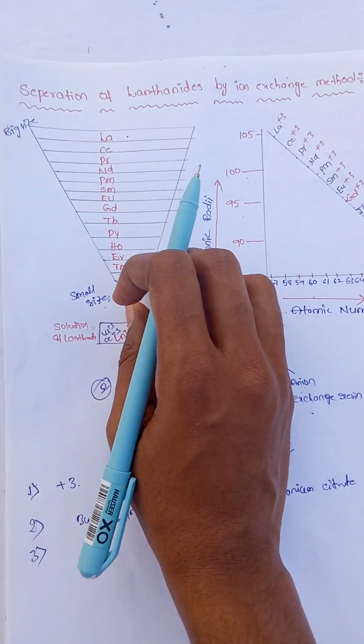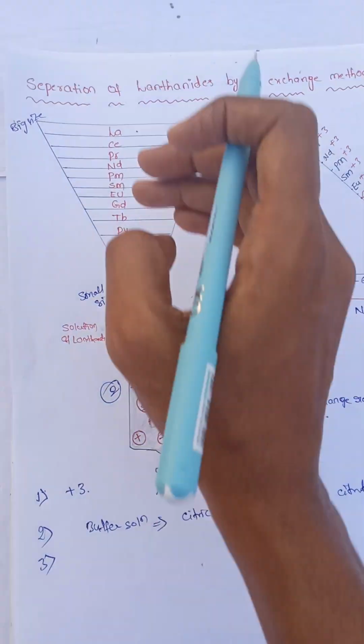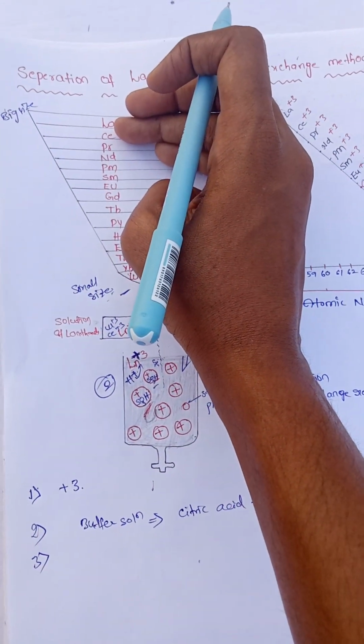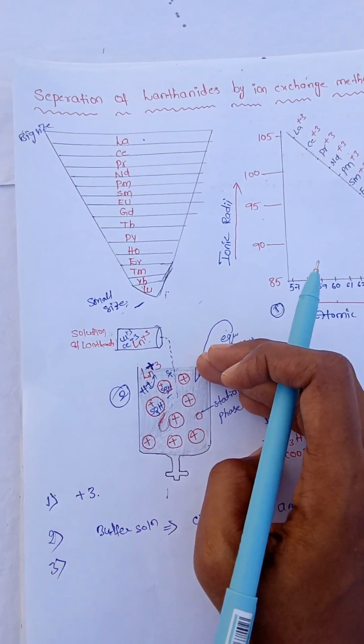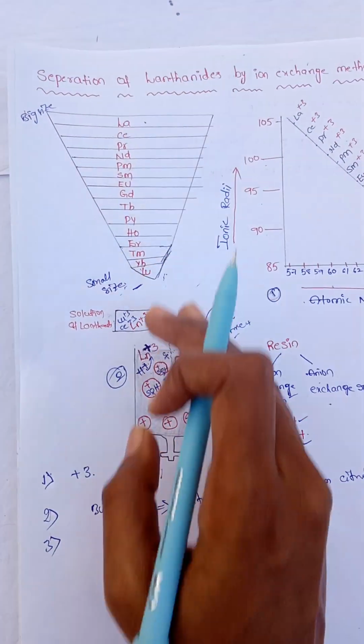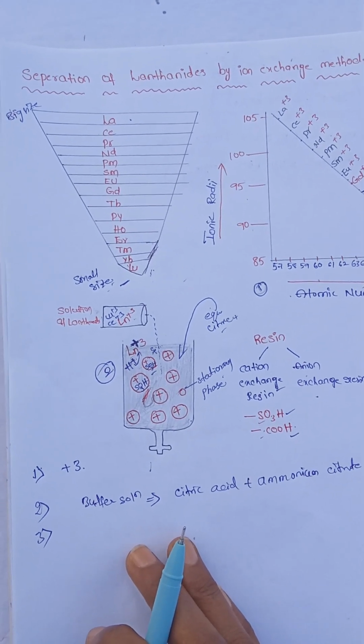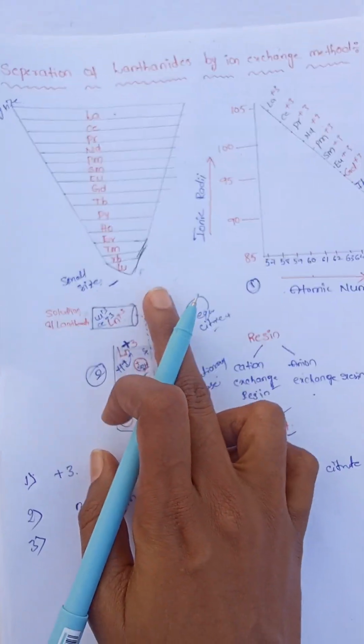Smaller ions are easily separated from the column. Larger ions come after the smaller ions and take some time. So which one separates first? The small one, lutetium.